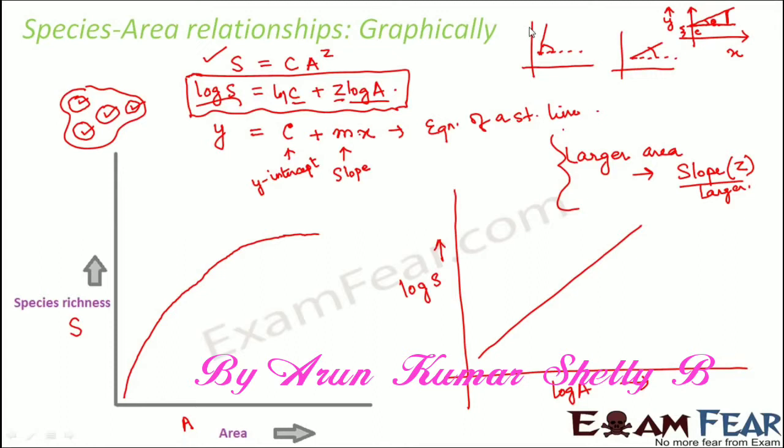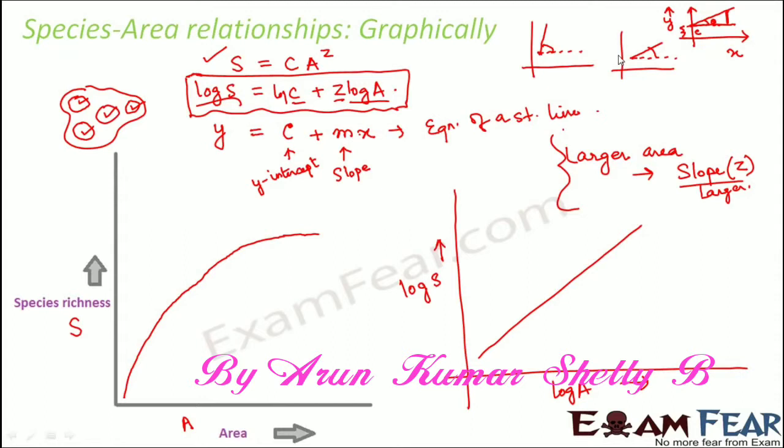Therefore, your slope is steeper. But in case of a smaller area, it is more proportional. As the area increases, the species richness also increases, but the way the value increases gives it a less steep slope.